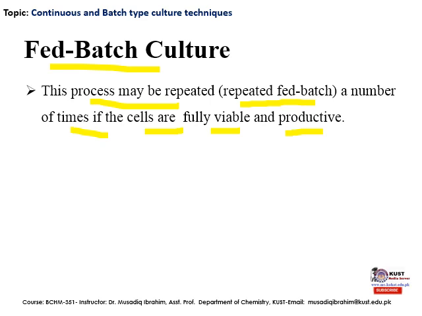Some of the material or the media from the fermentation tank is taken out, and the rest is left within the fermentation tank, and that is a repetition, but provided that the microbial cells are active as well as productive, that they can produce the primary or secondary metabolites.